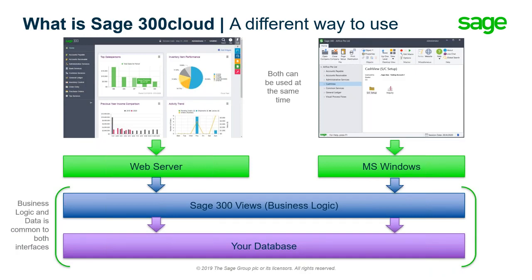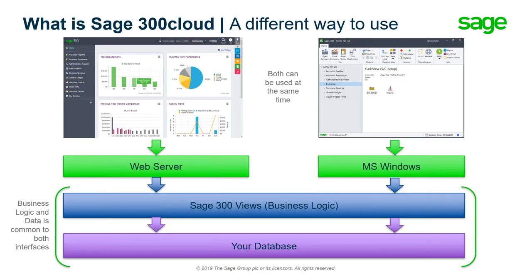They just fire up the browser, point to the URL or the web link that you provided to them, and they should be able to log into your Sage 300 and access it. Very important here is that because Sage 300 has a security feature to control what a user can do, it basically means that whatever you have predefined now in your current environment will flow through to the web interface.